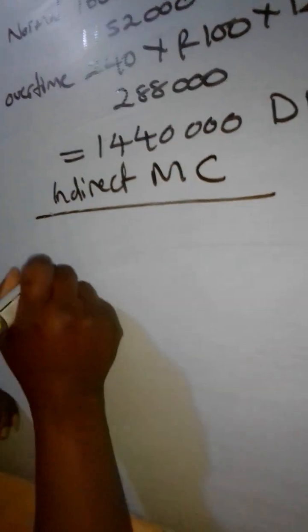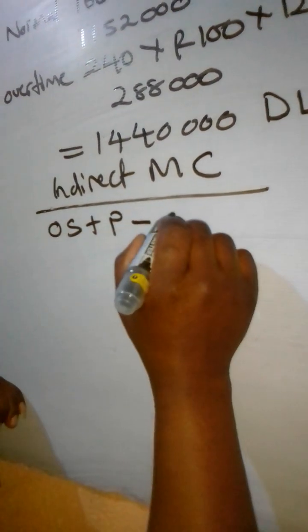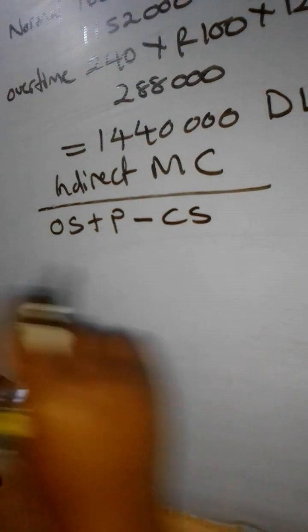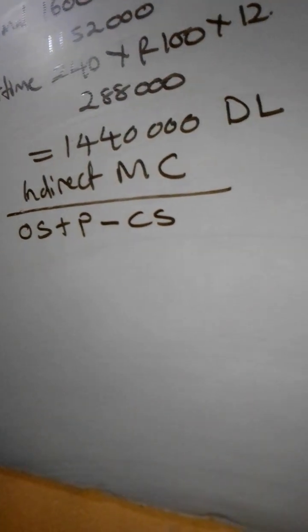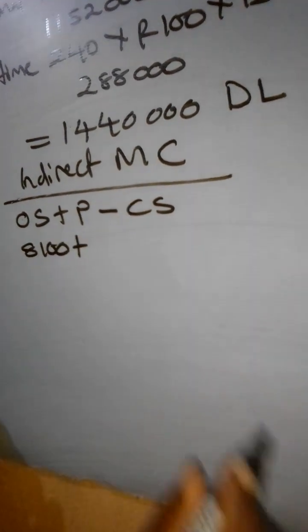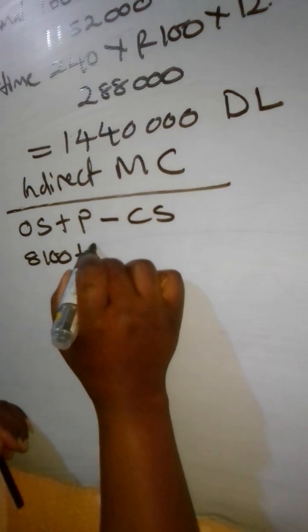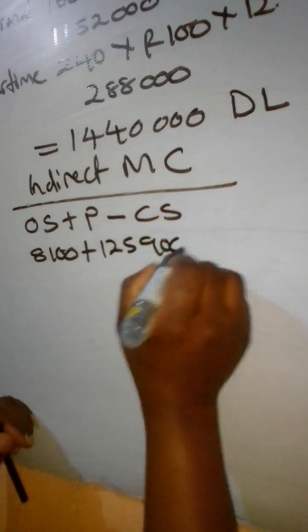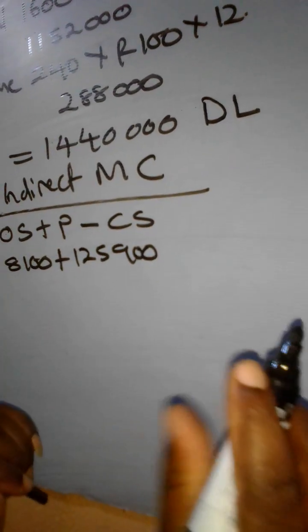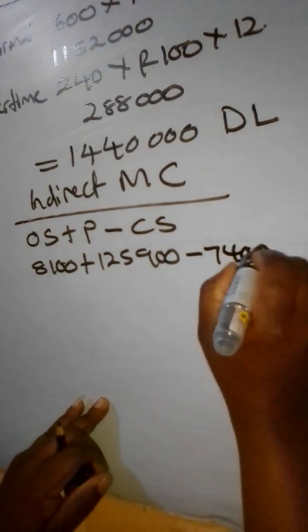Indirect material cost. We say the opening stock plus purchases minus the closing stock. The opening stock that is given there is 8,100, plus the purchases that are given, 125,900, and then we say minus the closing stock, which is 7,400.